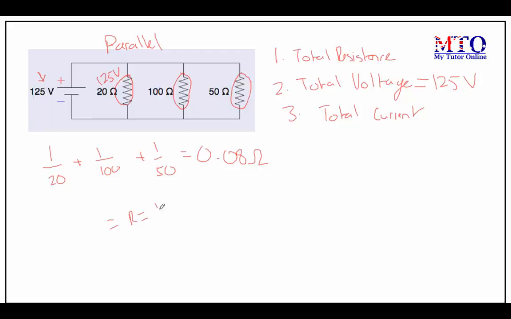R is equal to V over I. So now we substitute our values. 0.08 is equal to 125 over I. Therefore, I is equal to, let me put those values into my calculator. A very high answer of 1562.5 amps.